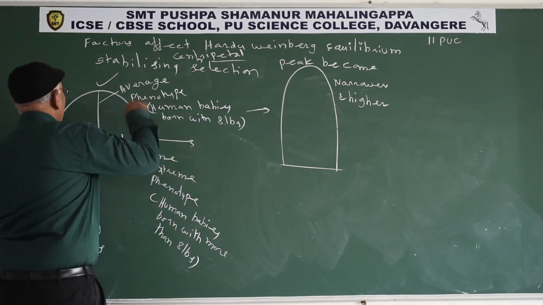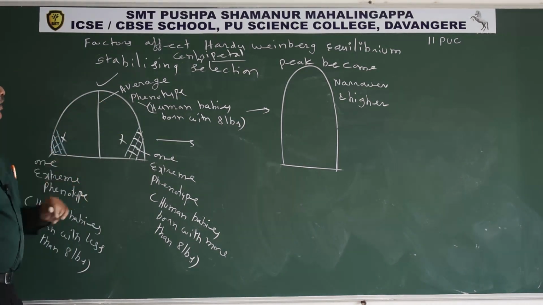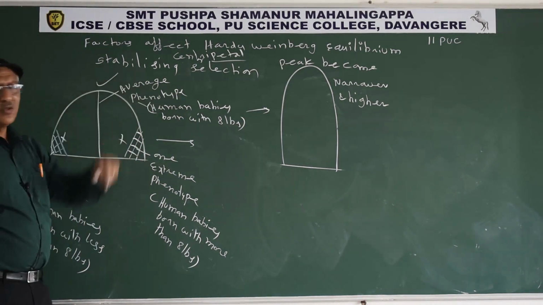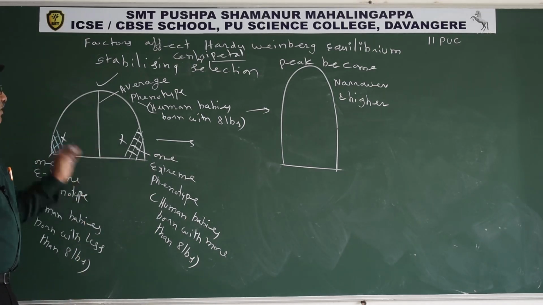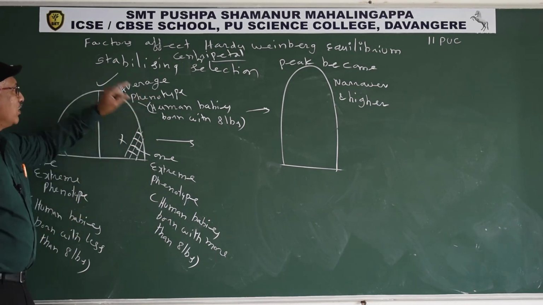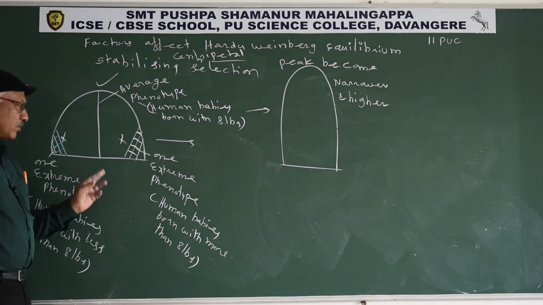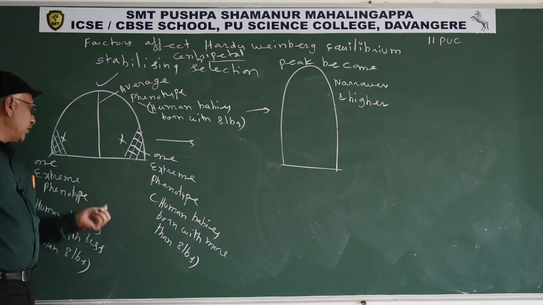Means stabilizing selection selects the average phenotype. That's why stabilizing selection is also known as centripetal selection. One example is in England, birth weights of human babies were estimated on a large scale. Babies born with 8 pounds are the average phenotype. Babies born with more than 8 pounds, one extreme phenotype.